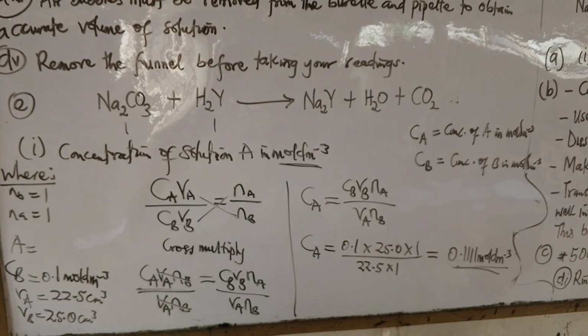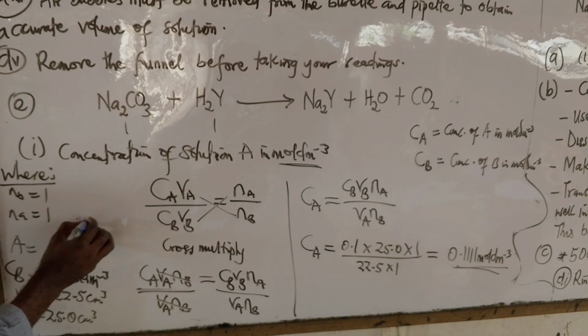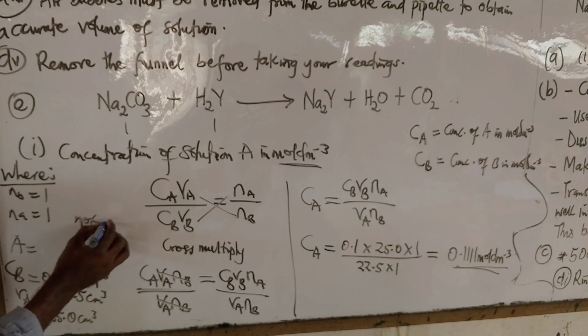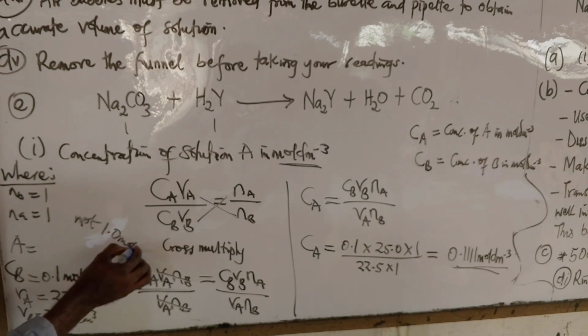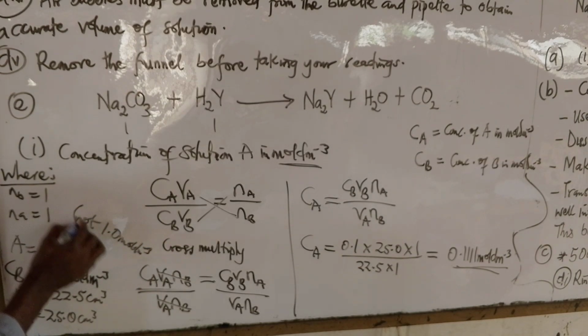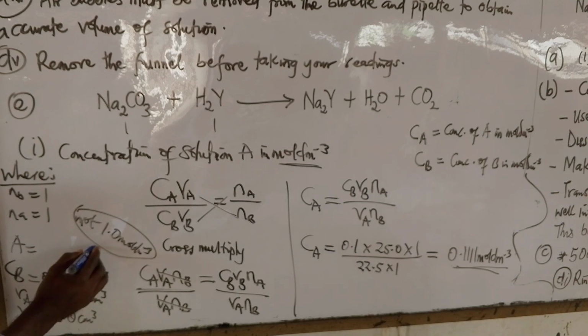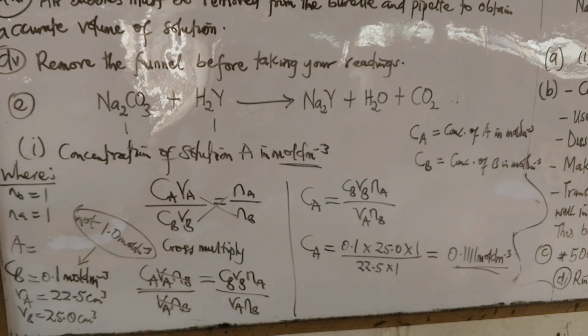In the question we have the concentration of B in mole per dm cube. Sorry, the concentration of B is 0.1, not 1.0, mole per dm cube. So it is 0.1 mole per dm cube.